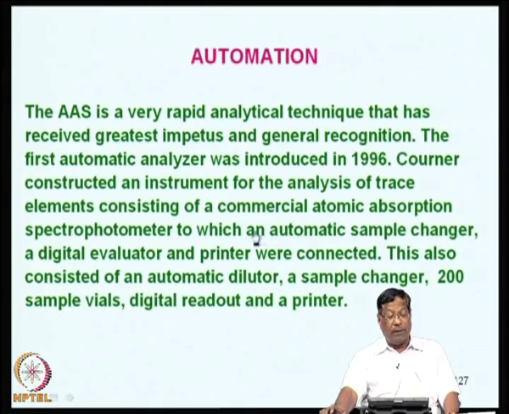The requirement added was an automatic sample changer, a digital evaluator, and printer. So, this also consisted of an automatic diluter, because sometimes when the signal is very high, you may not get the correct reading, high absorbance, then you will have to dilute.